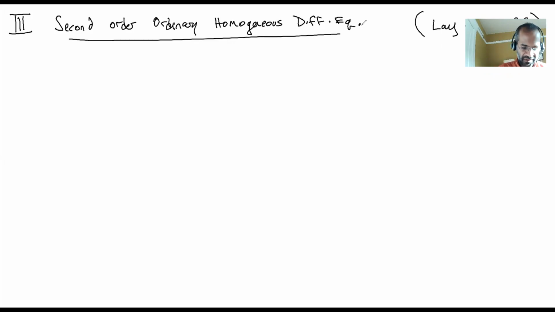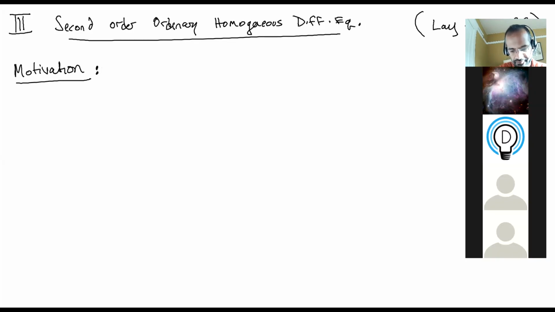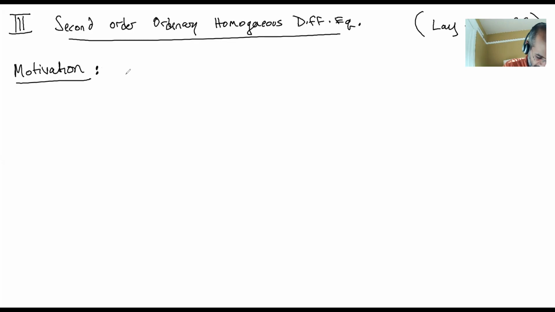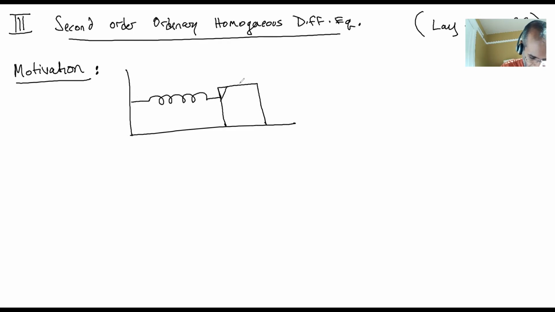Okay, so let me tell you the motivation. The motivation for studying this class of equations is something you may or may not have studied in physics, which is this model where you have a spring and you have a mass attached to the spring.